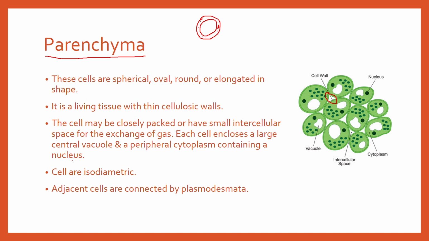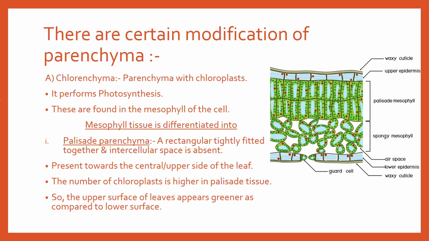These cells are isodiametric, means these cells are the same in shape and size, and these cells are connected by the plasmodesmata. So there are certain modifications of parenchyma like chlorenchyma, arenchyma.